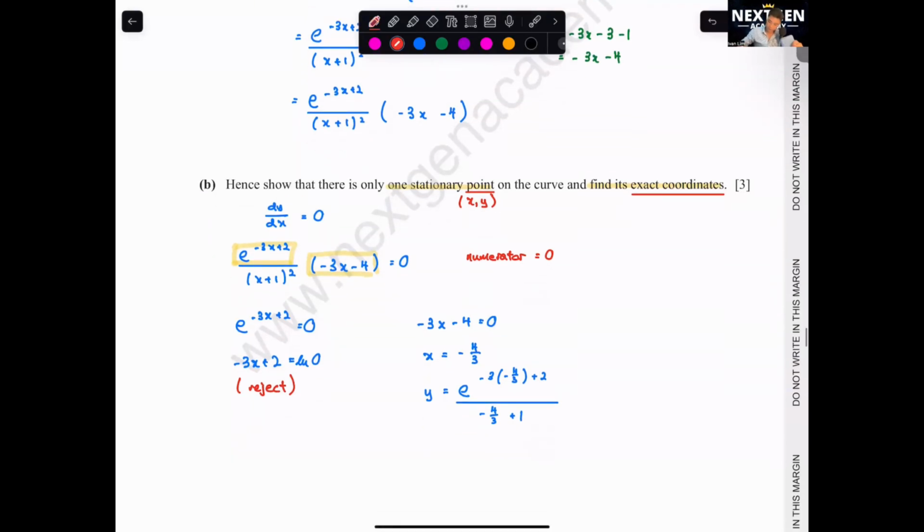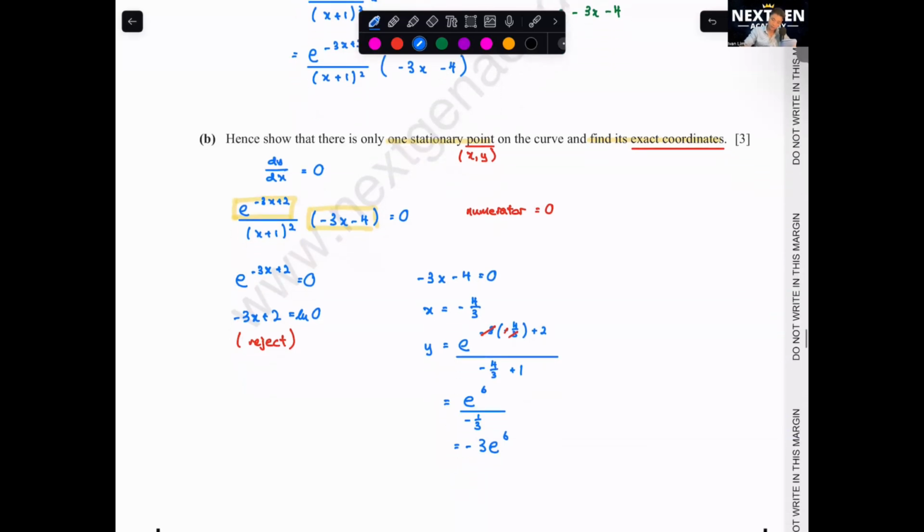Simplify this: e to the power of 4 plus 2 will be e to the power of 6. Negative 4 over 3 plus 1 gives negative 1 over 3. You can write it as negative 3e to the power of 6. These two are your values.